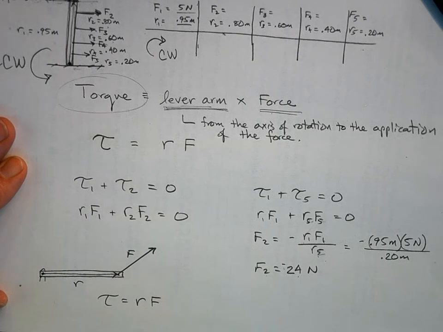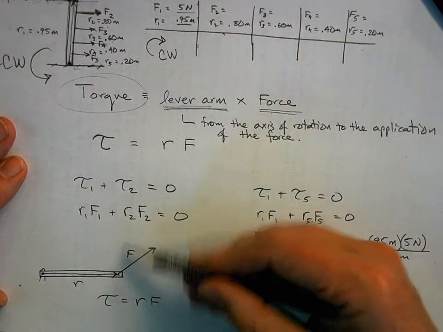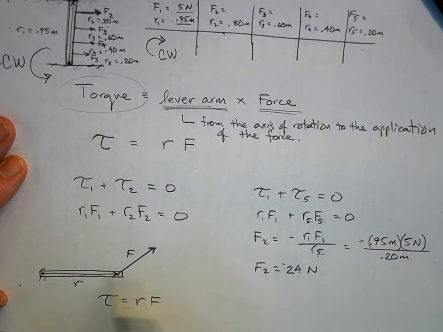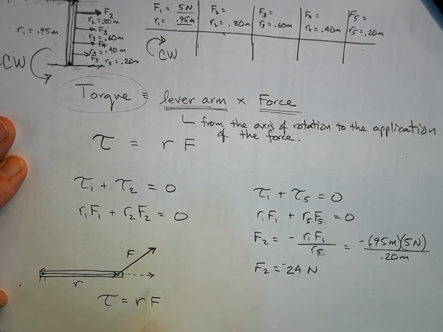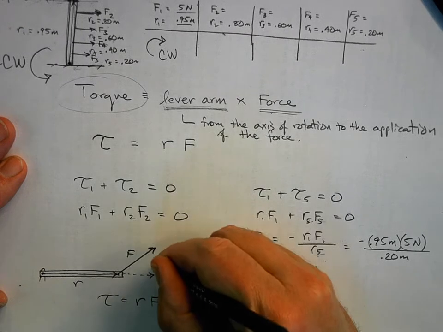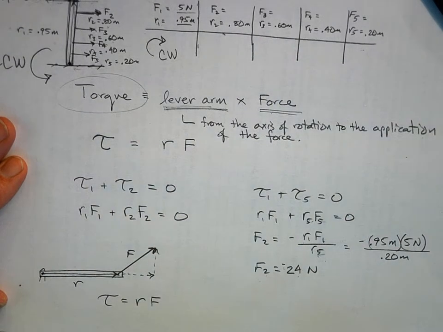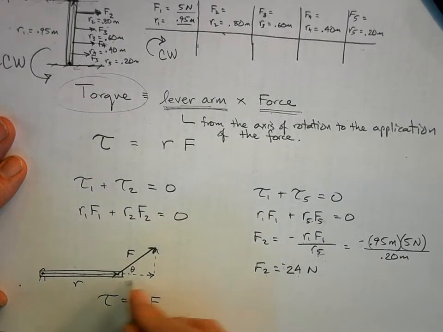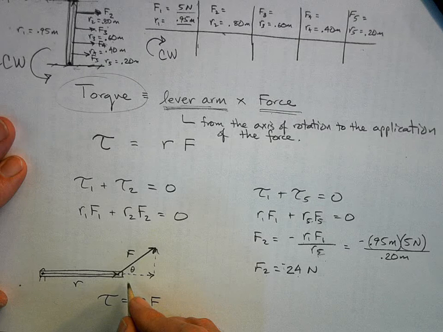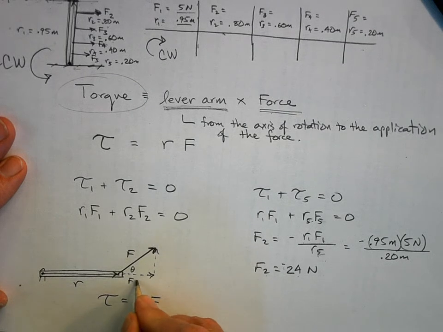But there's a problem here. The force isn't perpendicular. The force has a component that's perpendicular, and it's got a component that's parallel. Watch. Here's this. I'm breaking the force up into its components now. I'm going to call this angle theta. Well, this right here, this is F cosine theta.